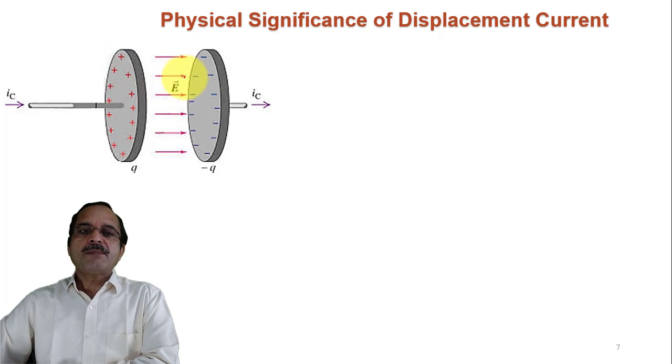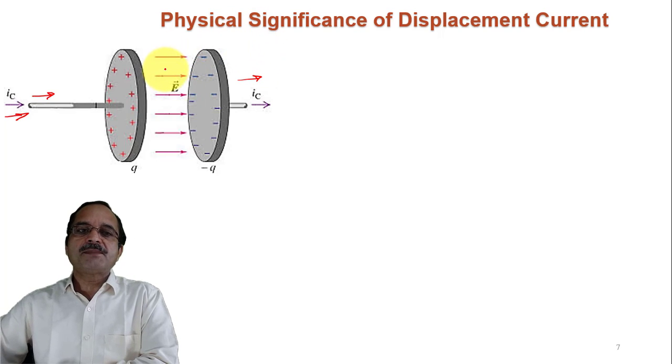So let us explore this further. Now we have a capacitor here, as we have discussed. When some alternating voltage is applied, there will be some charging current through this capacitor, through these conductors, going inside in this direction and coming out. The current flowing between this dielectric, as we have discussed, is represented by displacement current.